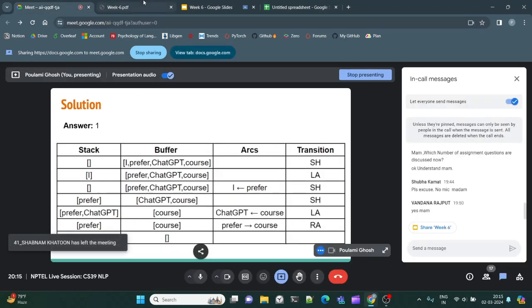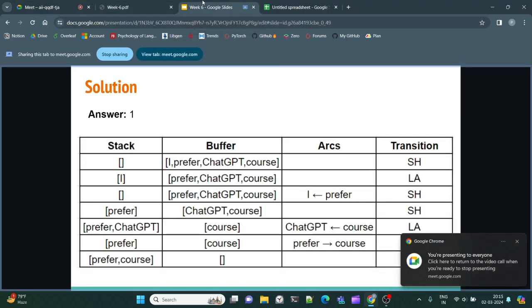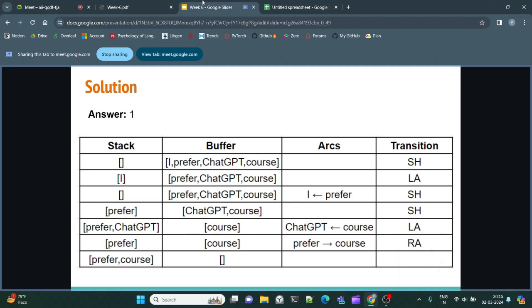Ma'am, my question is that we have not removed prefer because there is no arc matching between prefer and chat. No, that is not the reason. You cannot remove prefer over here.